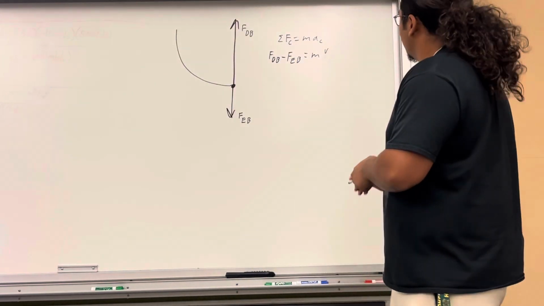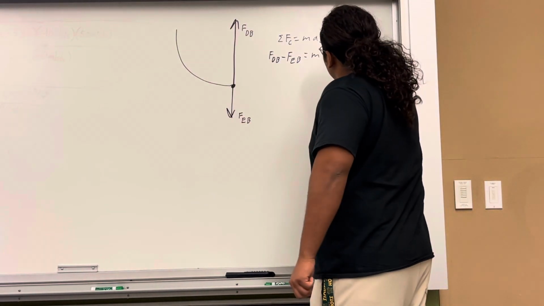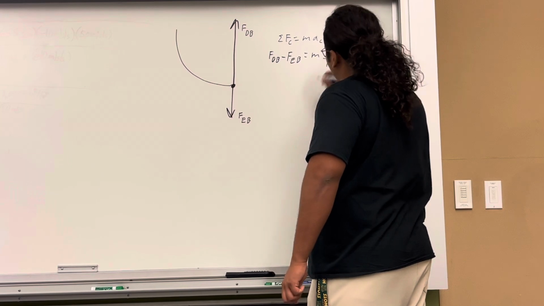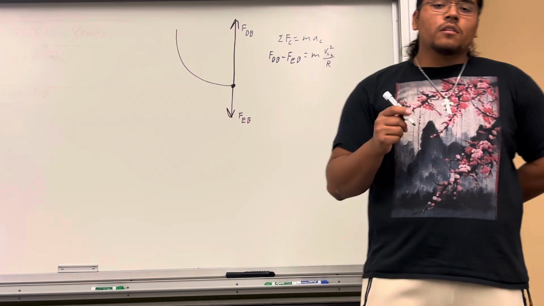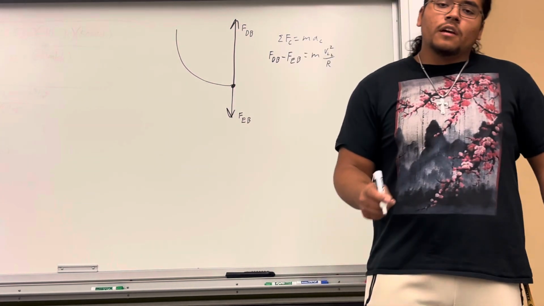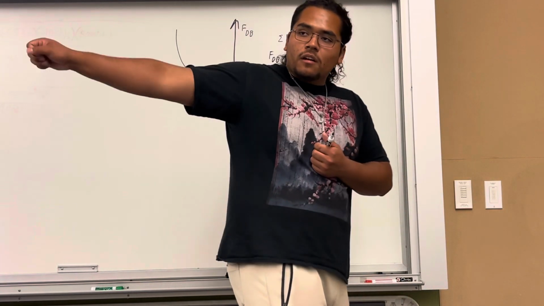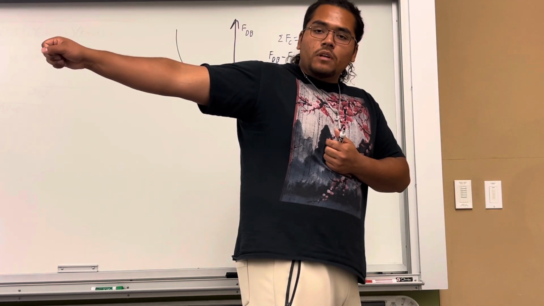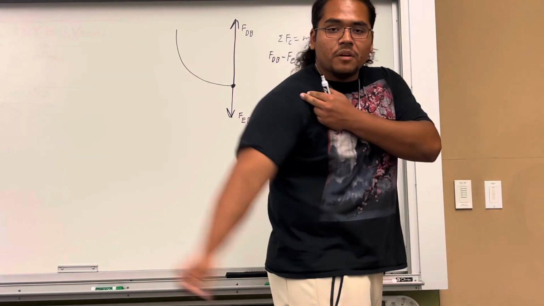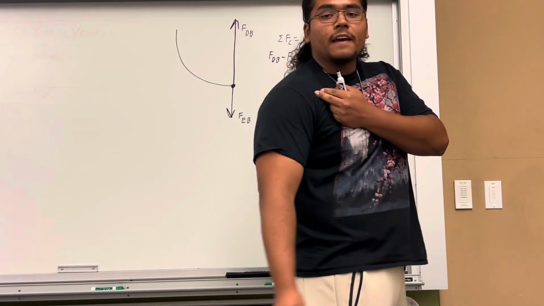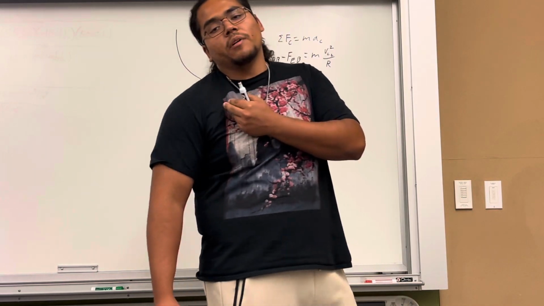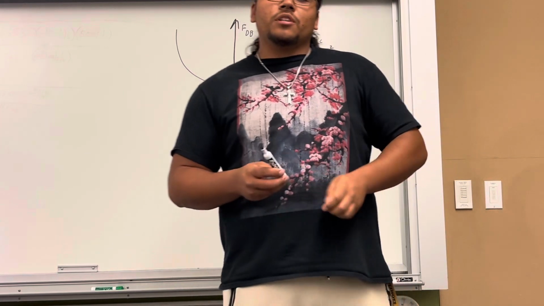In this case, capital R represents the circular radius. And since we know that the ball initially starts at 1, and it comes down to here, and this is the pivot, the height is equal to the circular radius, which equals 1 meter.